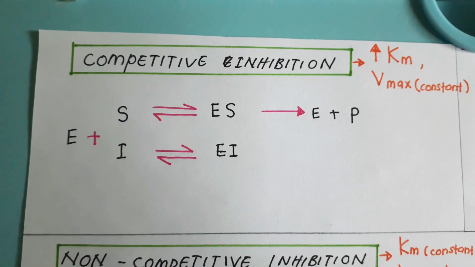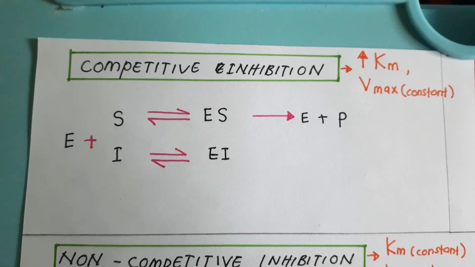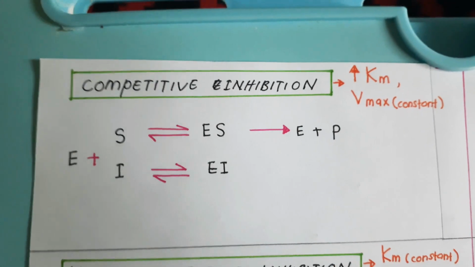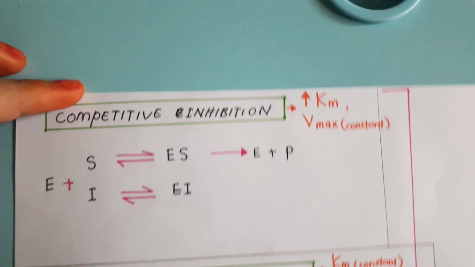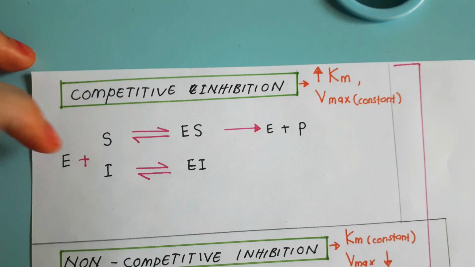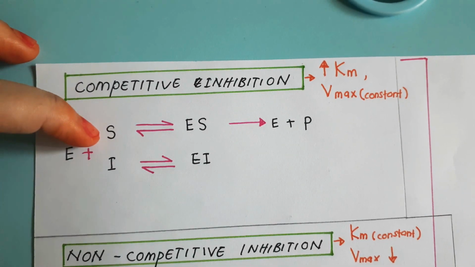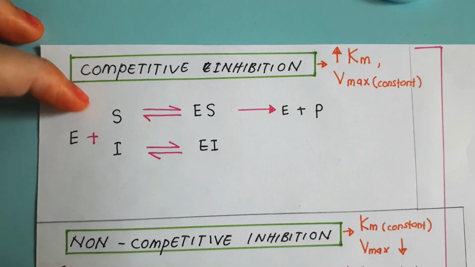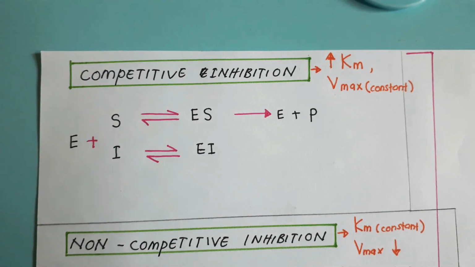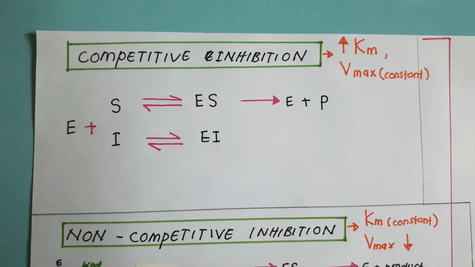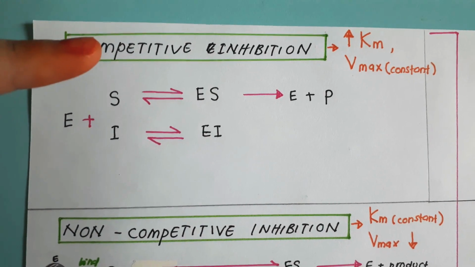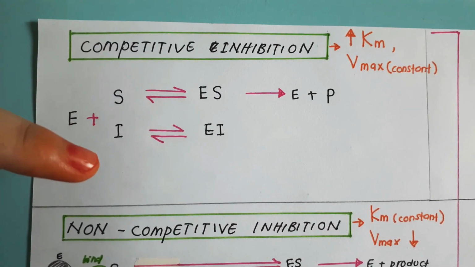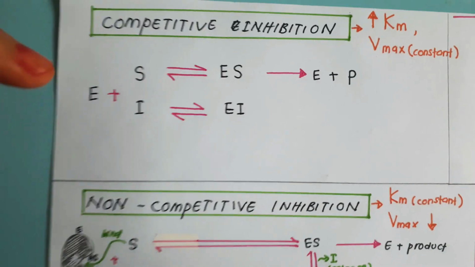Km is the affinity of the enzyme to bind with the substrate. The concentration of substrate must be increased to make sure that the enzyme has more affinity to bind with the substrate than the inhibitor.